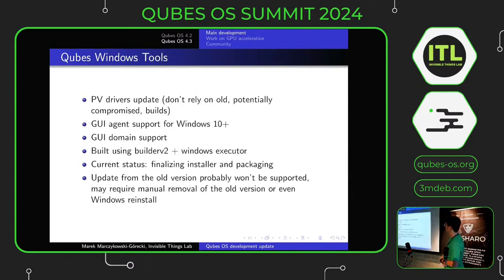This is a thing about Qubes Windows tools that a lot of people are asking about. We had Qubes Windows tools before. They used Xen PV drivers that were built by the Xen project, and they were signed by Microsoft. It worked quite well.